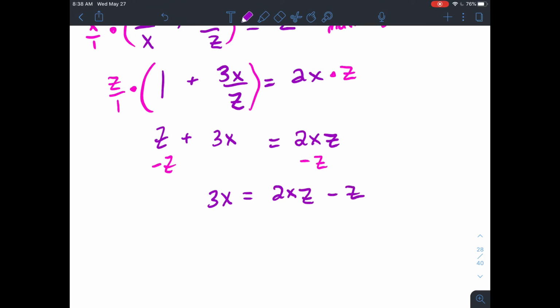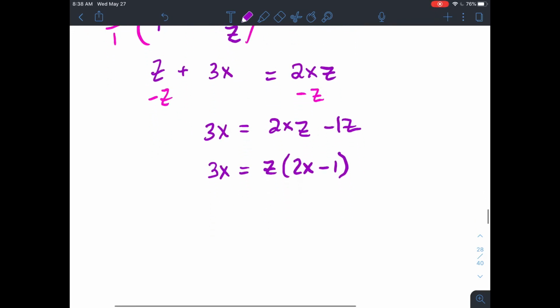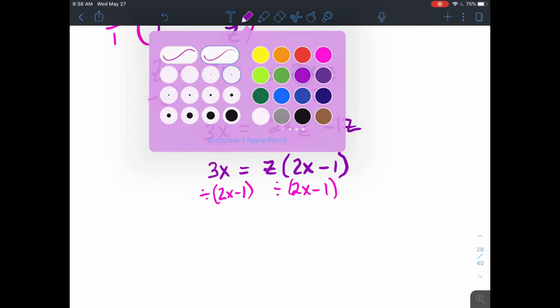And then, a lot like earlier, we need to factor out our z, so it's only in one place in our equation. That is a 1z, so if I factor that out, there should be a 2x minus 1. It's easy to forget, but you can kind of check by thinking about multiplying it back together. Then finally, divide both sides by your 2x minus 1, and you'll end up with 3x over 2x minus 1.